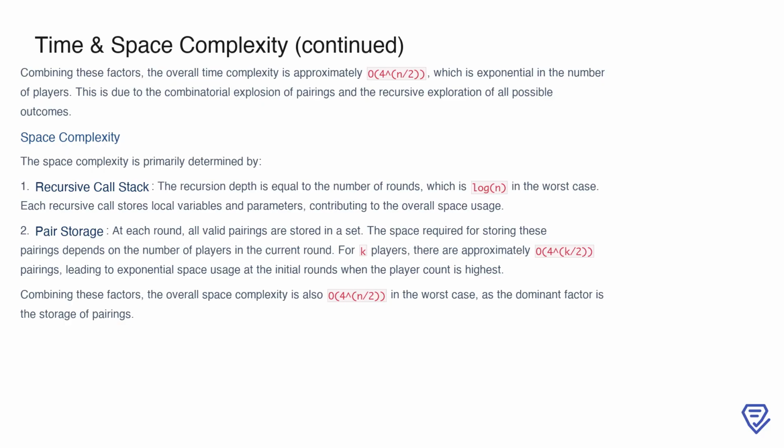The memory required for this storage depends on the number of players in that round. For k players, the number of pairings is approximately O(c^(k/2)), meaning the space usage is exponential during the initial rounds when the player count is highest. Overall, the space complexity is dominated by this storage requirement, leading to a worst-case complexity of O(c^(n/2)).